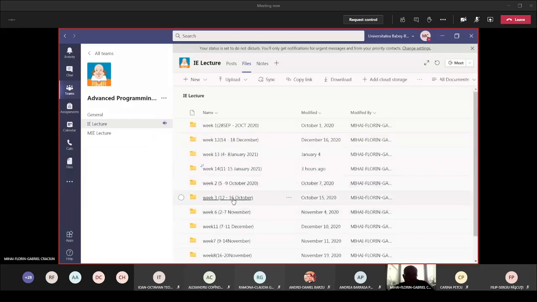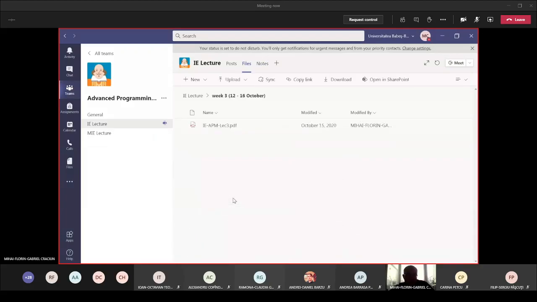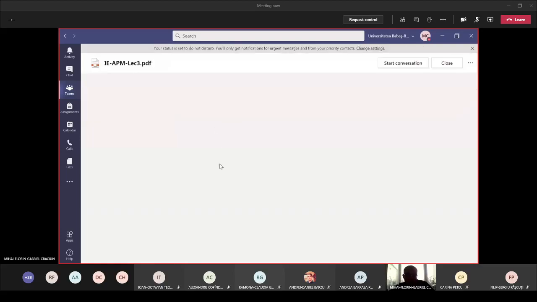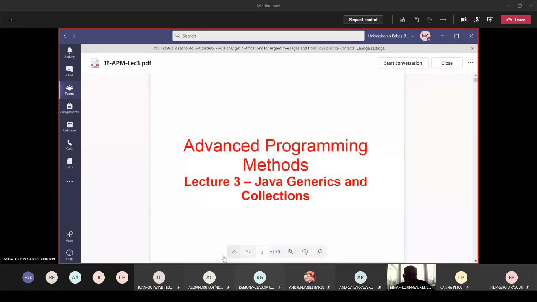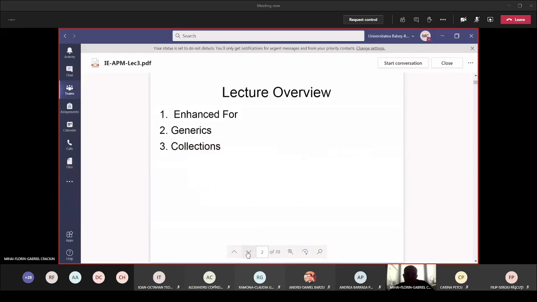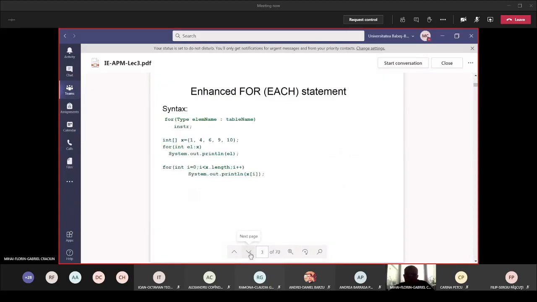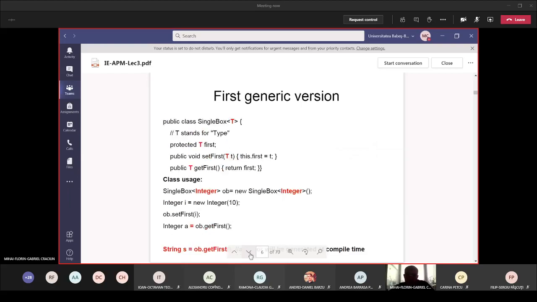Lecture number 3 is about generics. So generics I consider an important part.